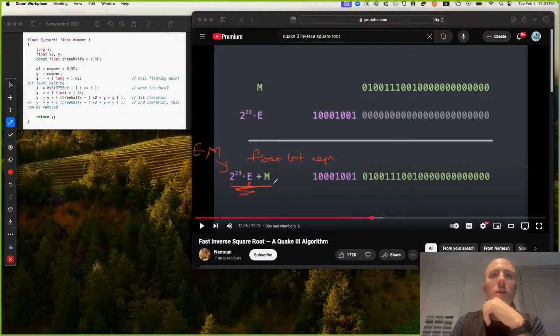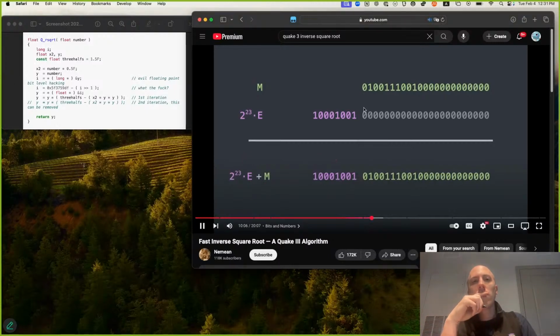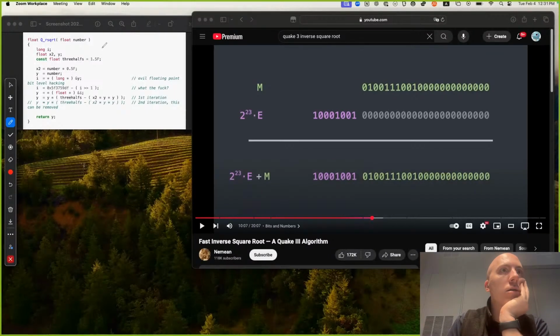This is kind of like starting off the bits, and then you get the full float. One could write the bits as 2 to the 23 times E plus M.